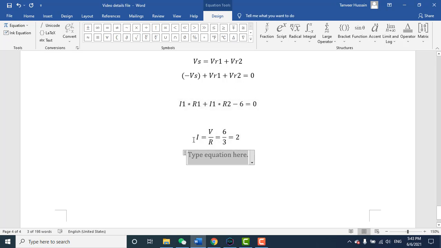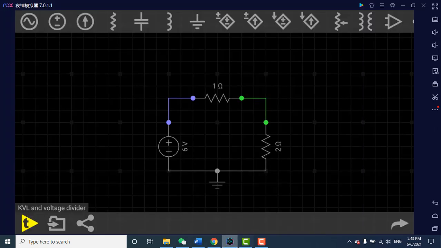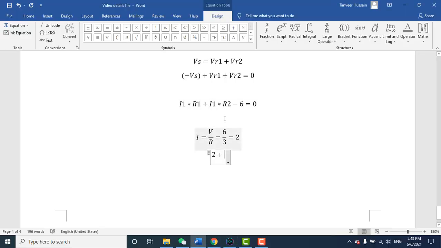I is 2, so 1 into 2 is equal to 2 volts, plus I, which we already know is 2, and R2 is 2 ohms here. So 2 into 2 is equal to 4, minus 6. That is equal to 0. So you can see 2 plus 4 minus 6 becomes 0.